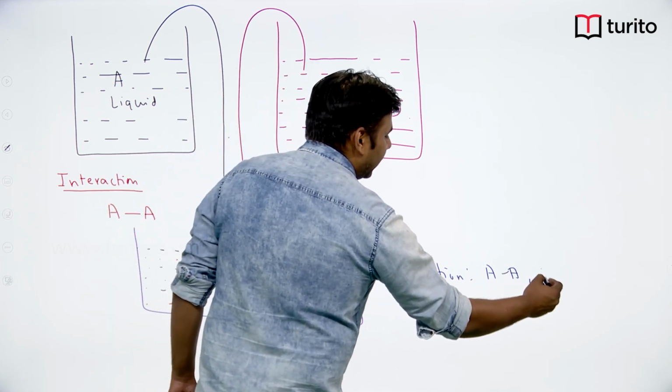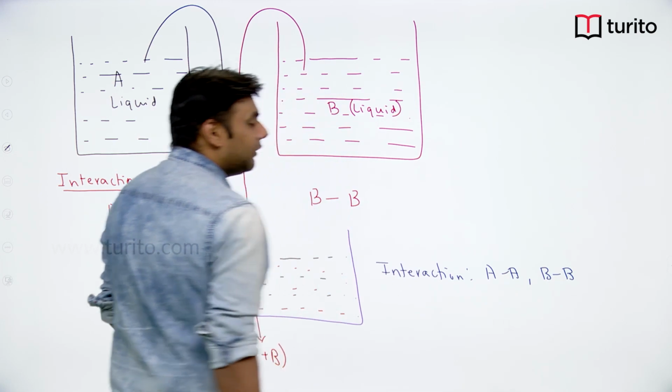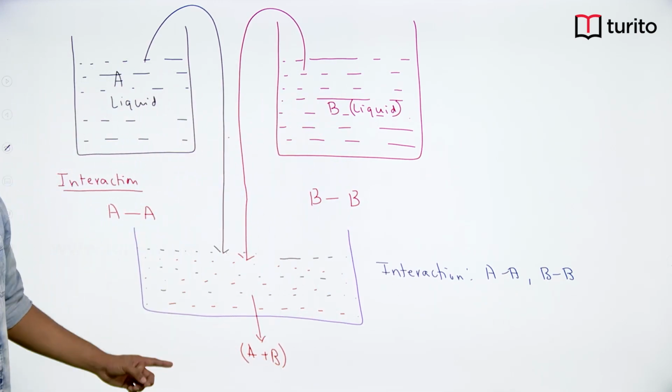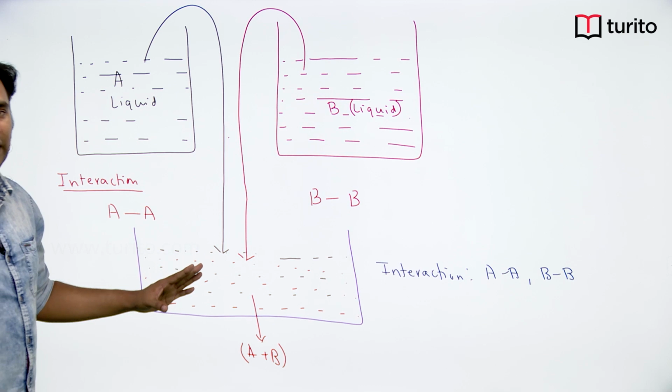Similarly, a B molecule would interact with another B molecule, and there would be one new interaction, the interaction between an A and a B molecule.